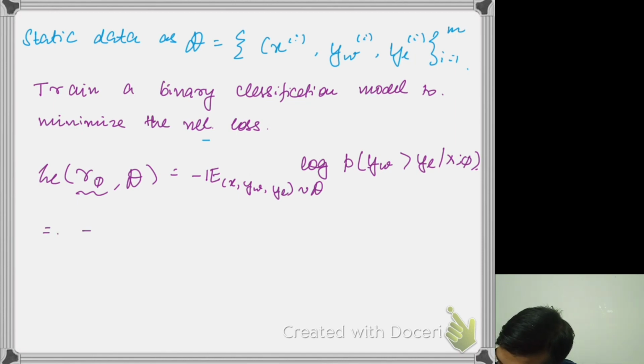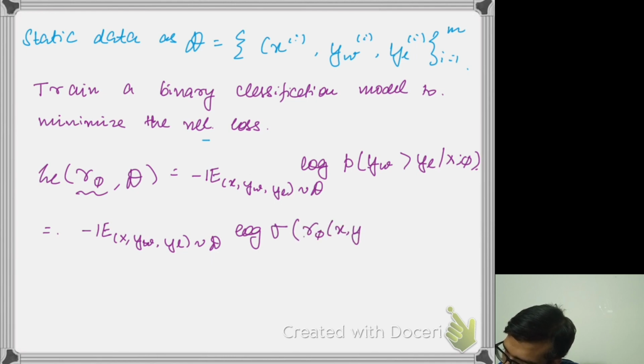So this is nothing but minus the expectation over x, yw, yl sampled from data of log of sigmoid of r phi x yw minus r phi x yl.